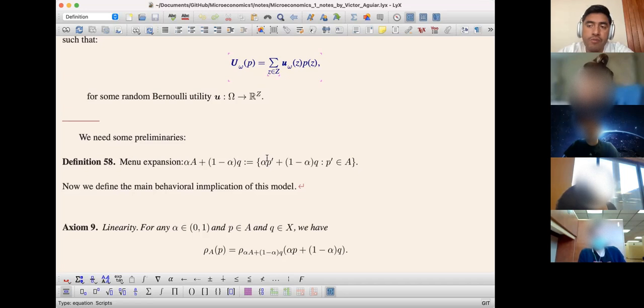These odds should remain the same as I change the menus. Now, if I start with the random expected utility model, then I'm interested in what implications this model has, and I'm going to present them next.